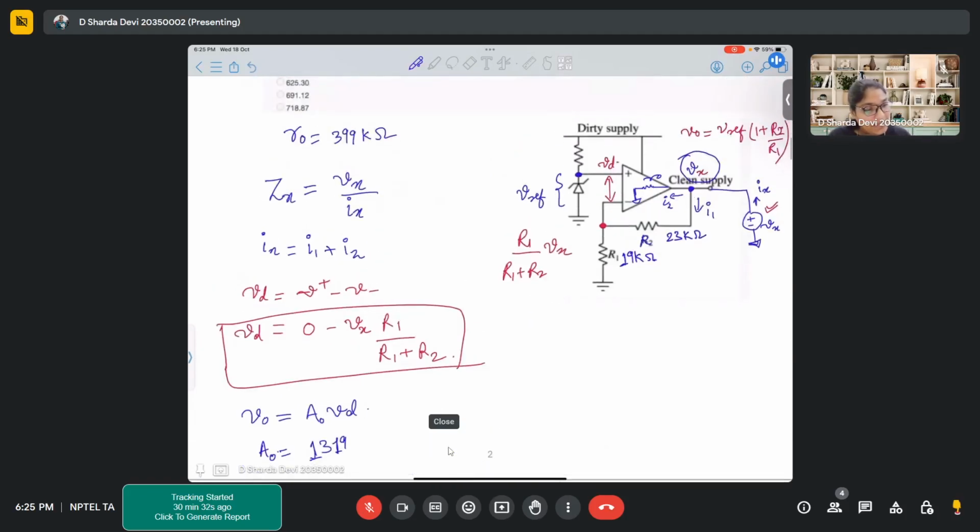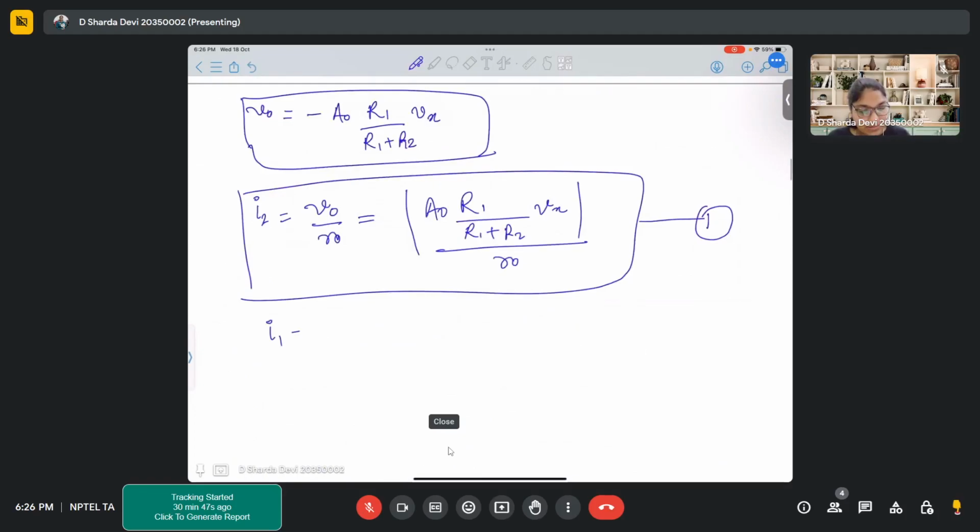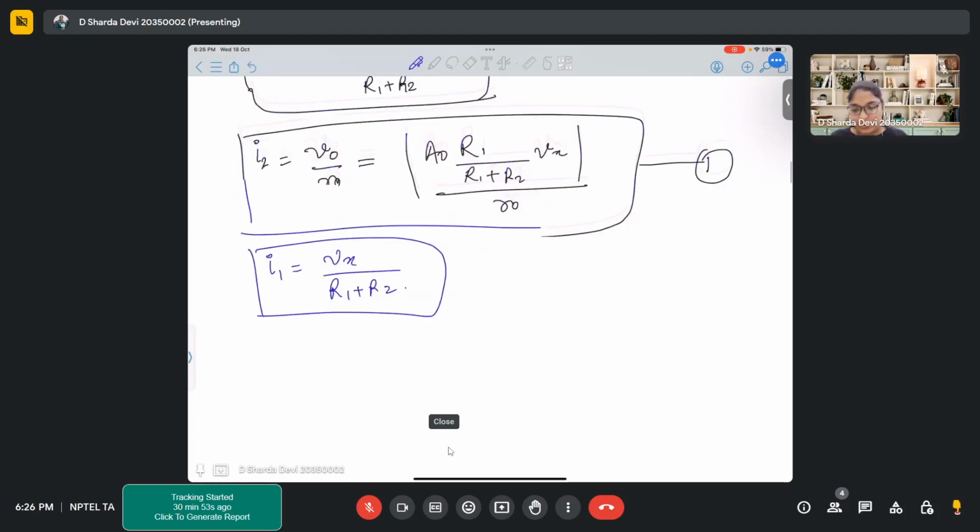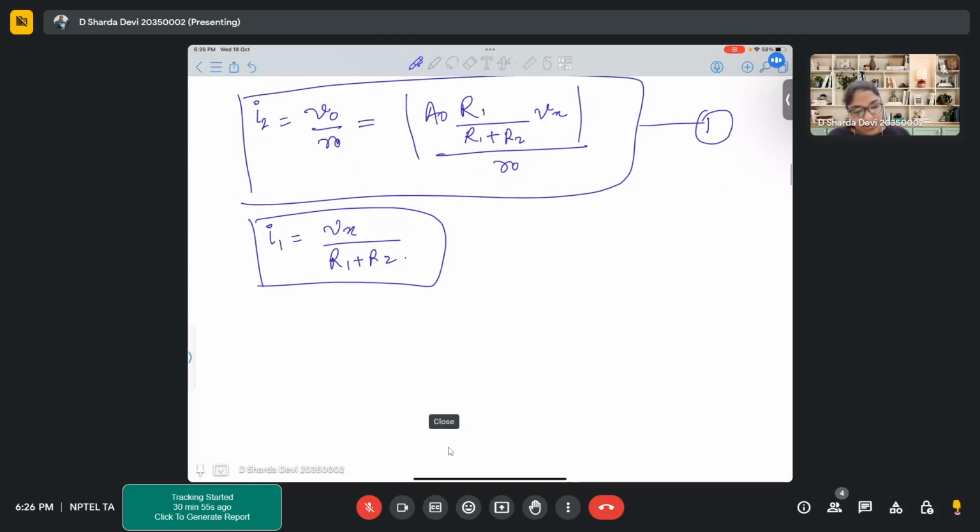Now second part is, here at this particular node it is already Vx. There won't be any current flowing through this to the input of the op amp. So the current I1 is actually Vx upon R1 plus R2. So these are the two currents. Now, as we mentioned, Ix is I1 plus I2. So we'll simply add I1 and I2.